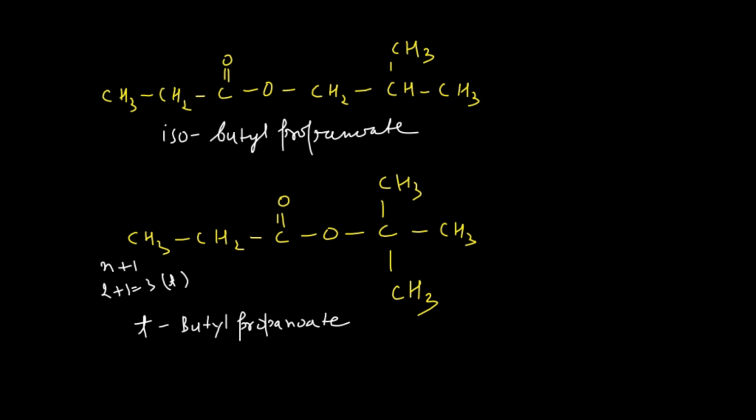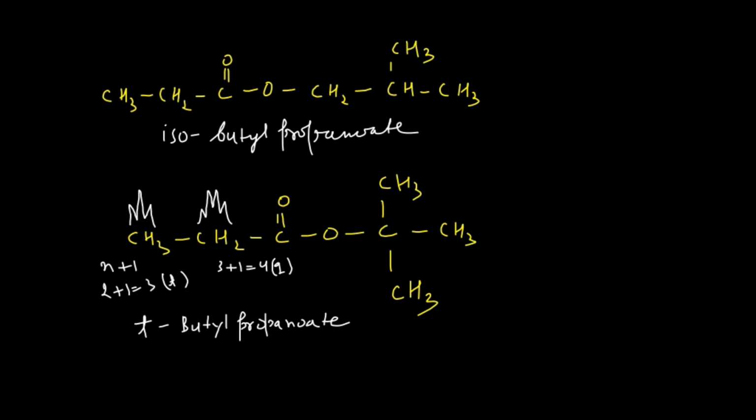So a triplet is produced here. Now, if you want to calculate the splitting pattern of these 2 hydrogens, you need to look at the hydrogens on the neighboring carbon, which are 3 in number. So again, if you apply n plus 1, this will give you 3 plus 1 equals 4. 4 means it is a quartet. So this will produce a quartet.